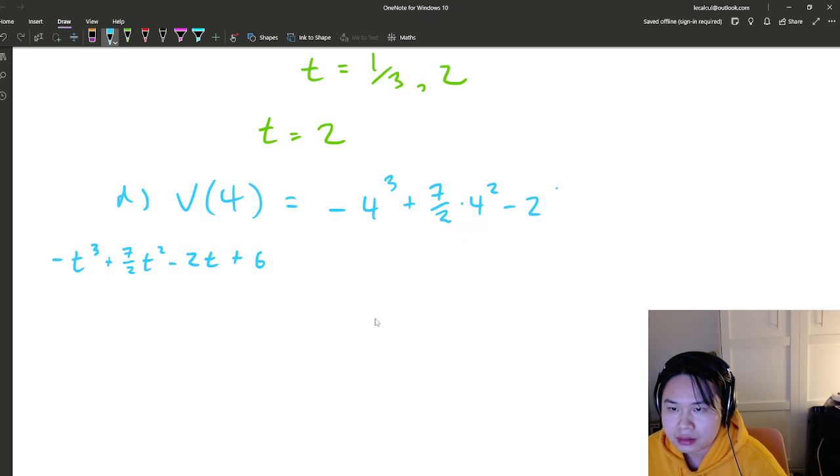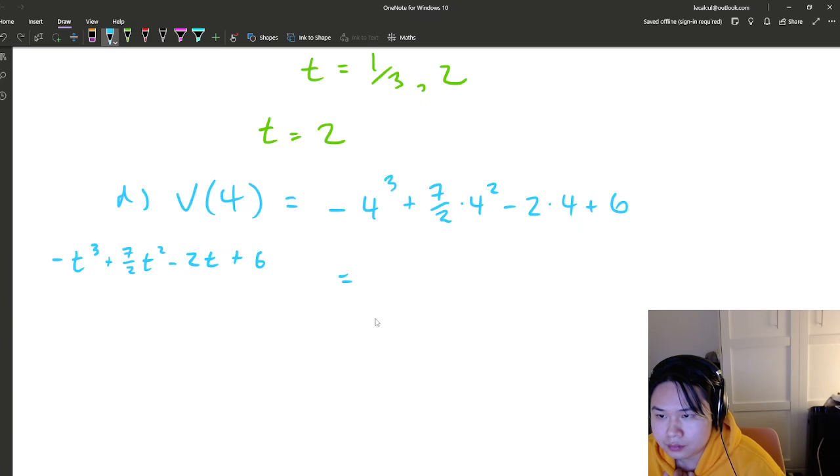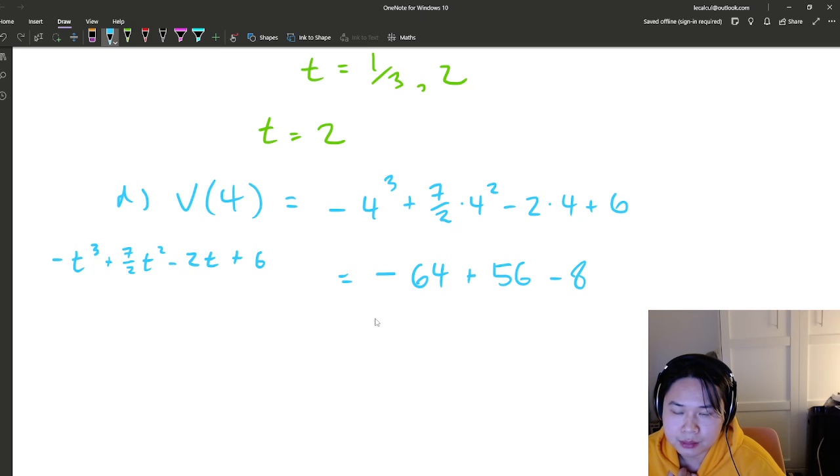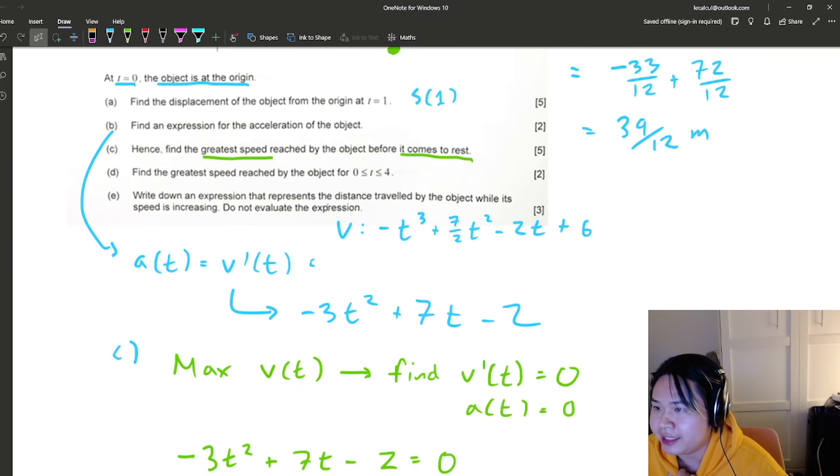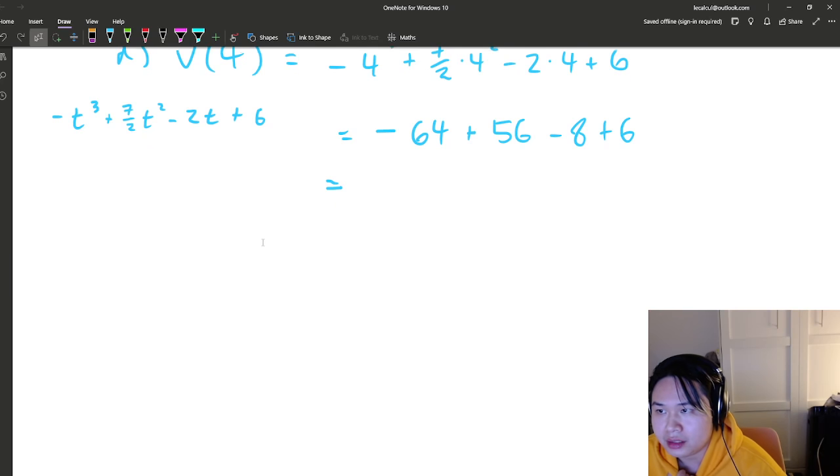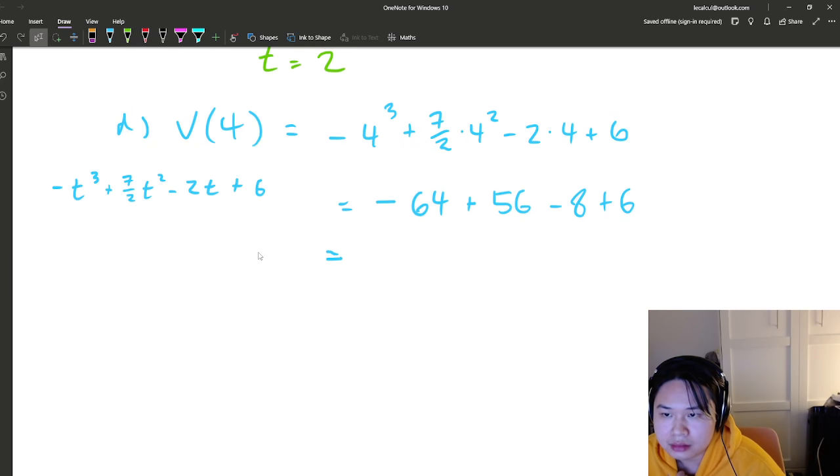Fraction math? 64, 16, 8 times 7 is 56, minus 8 plus 6. Oh my god. Oh wait, I'm not done with the first question. I'll go back and do it. Okay. What in the world? What is negative 64 plus 56? Negative 8?